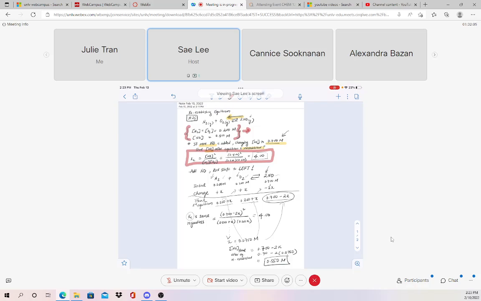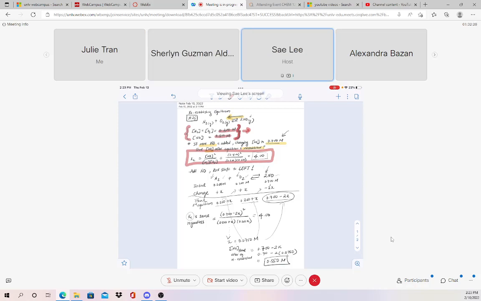Because we know that these concentrations are concentrations at equilibrium, we can use these values to find the equilibrium constant for this system, correct? And we could use our Kc to figure out what x is later on.